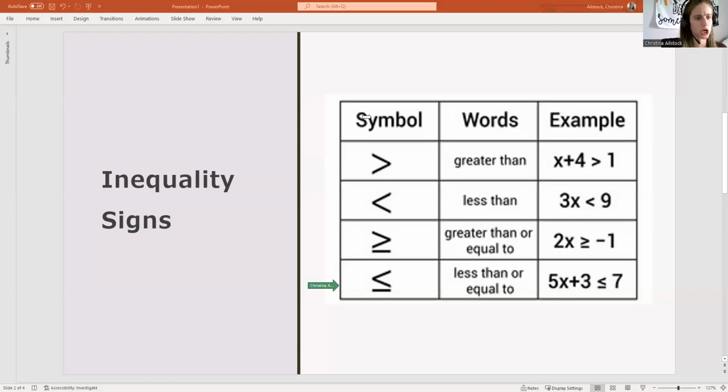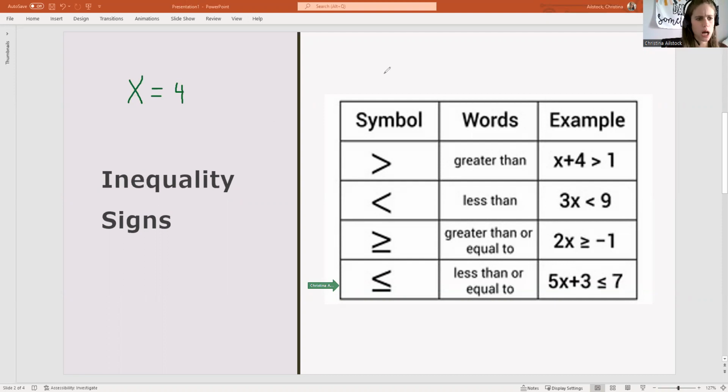So if we were solving an equation, and we got the answer x is equal to 4, that means that variable x is equal to 4 and only 4. That is the only possible number that could make that equation true and be the value for that variable. That unknown variable is now the number 4, and that's the only possible answer.